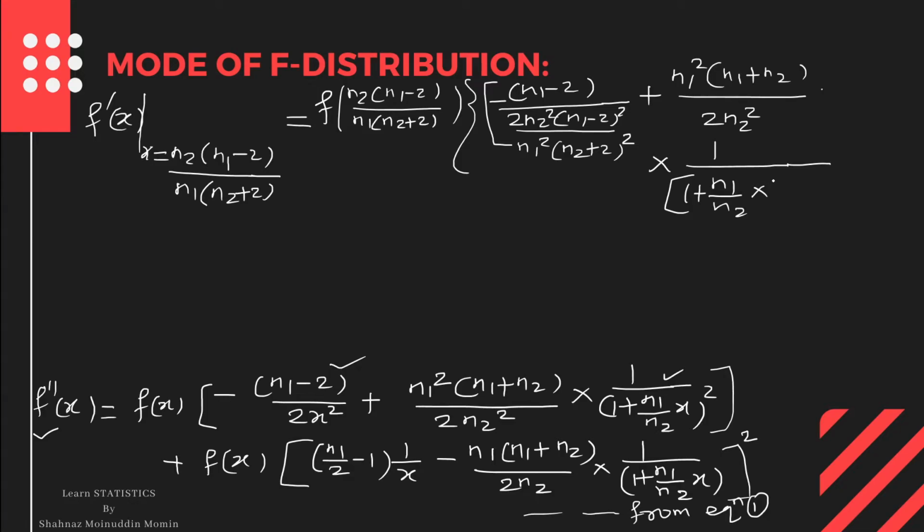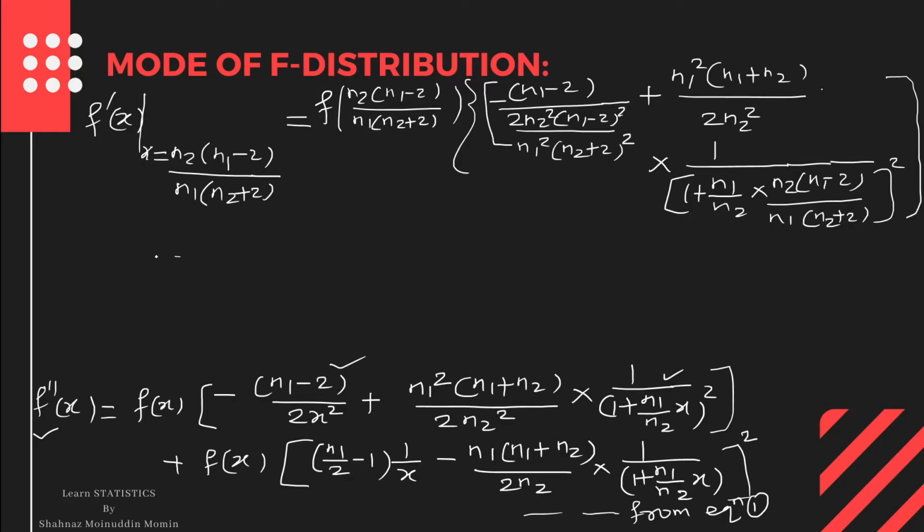Substitute the value of x, it is n2 n1 minus 2 by n1 n2 plus 2 whole square. This is our first term.